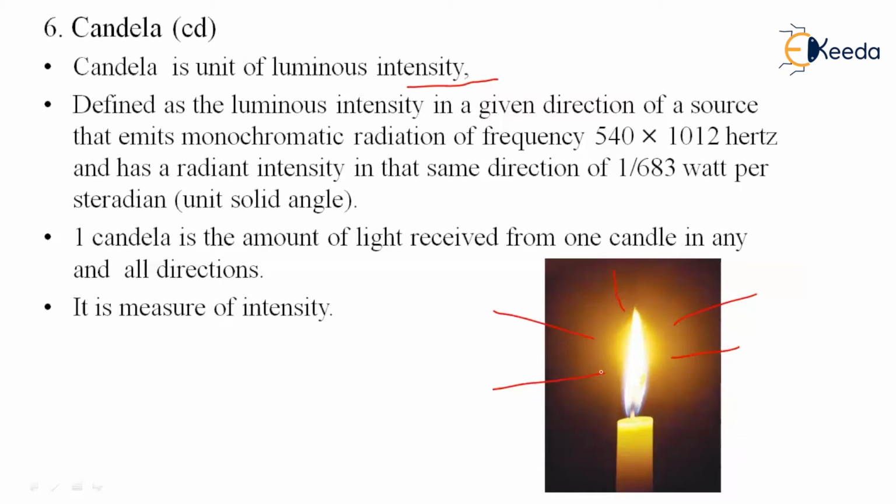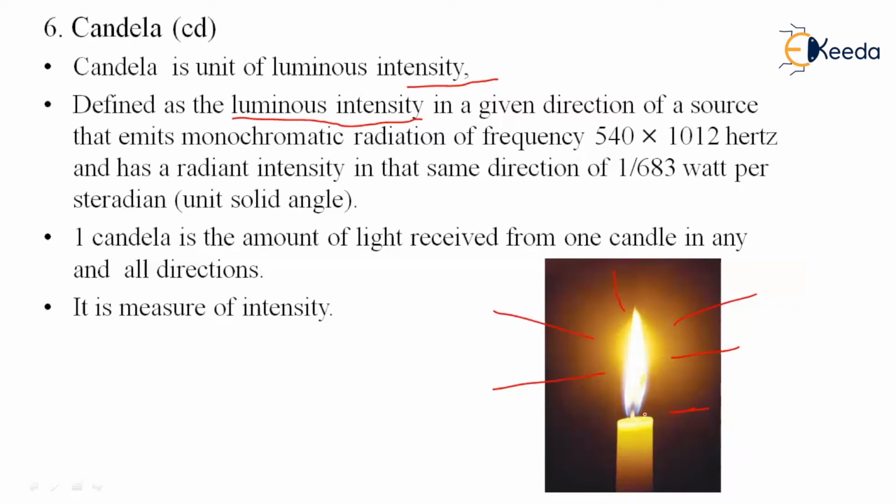it is defined as the luminous intensity in a given direction of a source. It is the luminous intensity of a given source. The source may be anything; here we are taking a candle.